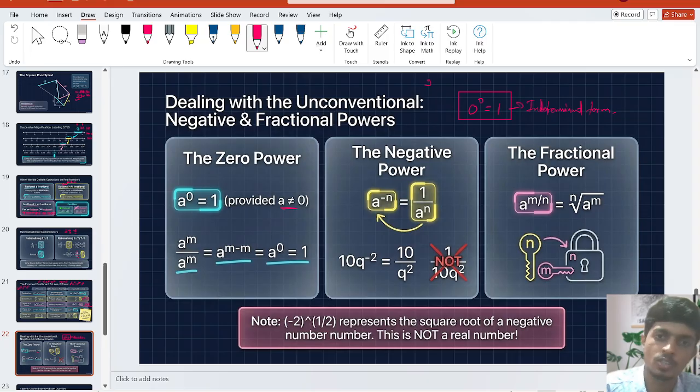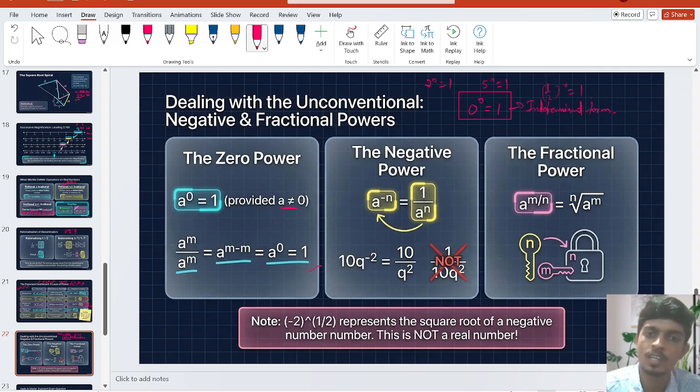So 2 to the power 0 is equal to 1. Yes, 5 to the power 0 is equal to 1. Yes, 1 by 2 to the power 0 is equal to 1. The number is not 0. Simply, a to the power m upon a to the power m is a to the power m minus m, which is a to the power 0, equal to 1. Proof.